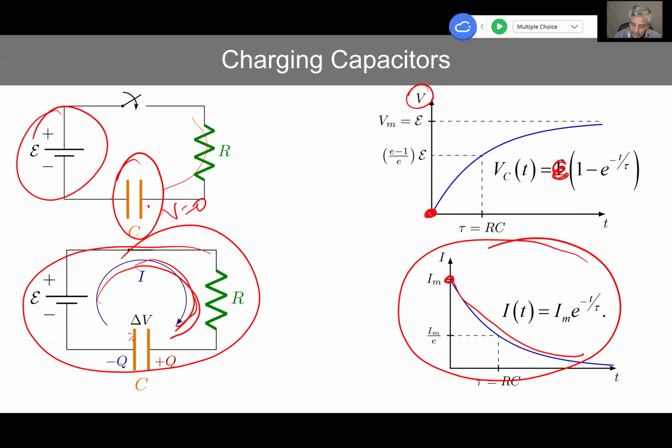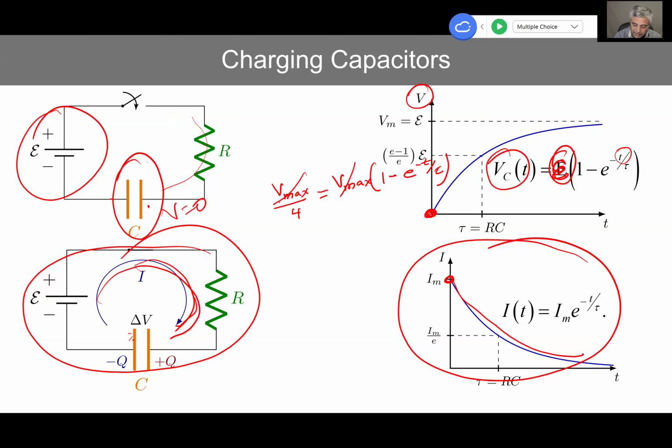V max is here, right? And we want to find the time when this becomes exactly equal to a quarter of that max. So let's say V max over 4 is V max times (1 minus e to the power negative t over tau).